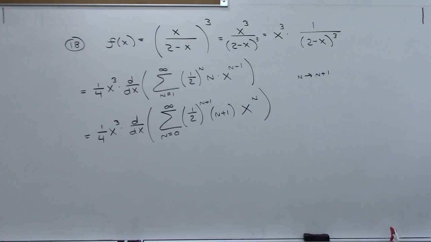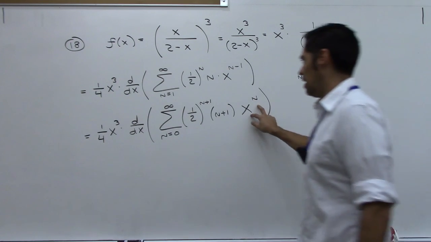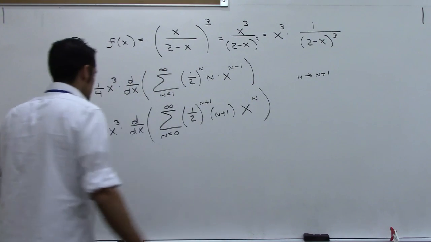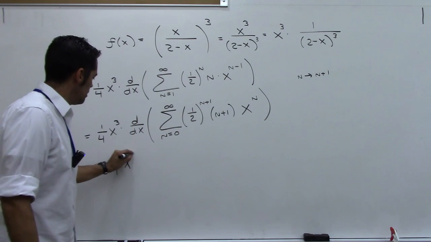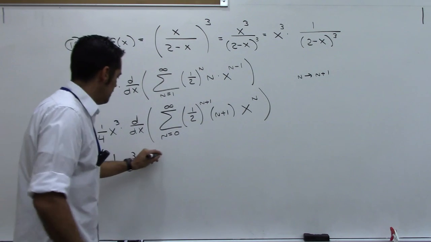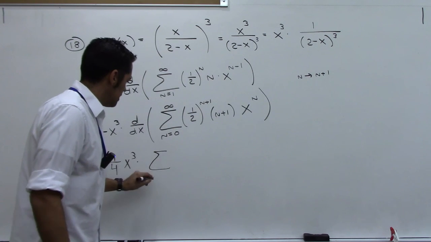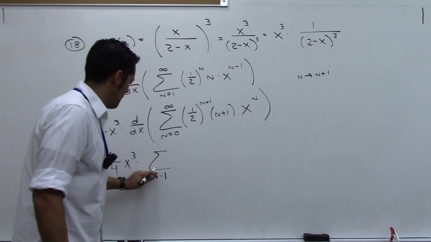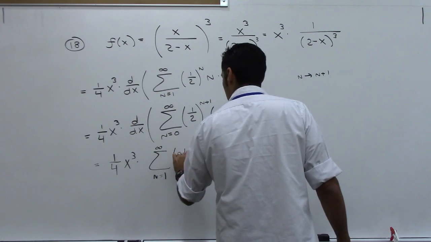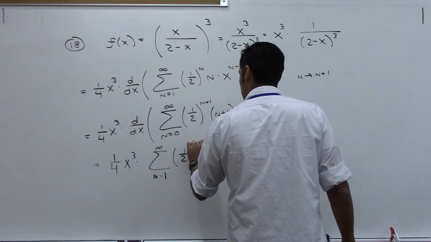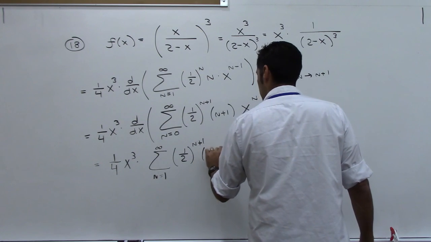And now we can do the derivative again because this is x to the n. And I'm going to get 1/4 x cubed times, no more derivative, sum, index is going to come up by 1 to infinity. And then I have the 1/2 to the n plus 1 doesn't change. The n plus 1 doesn't change.